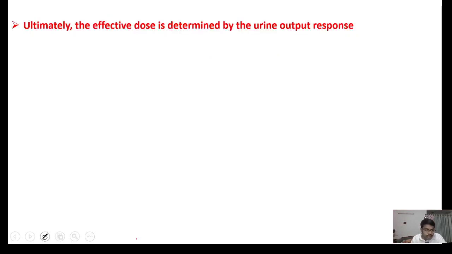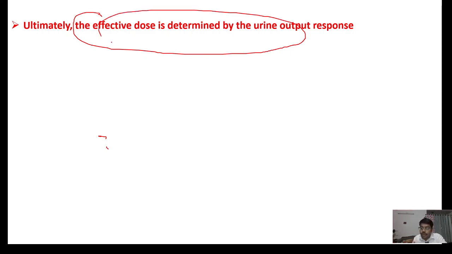But is it compulsory in all situations to double the dose? No. The effective dose is determined by urine output and the patient's response. We have to maintain an adequate urine output, or to put it another way, make sure the patient is decongested and coming out of the volume overload.